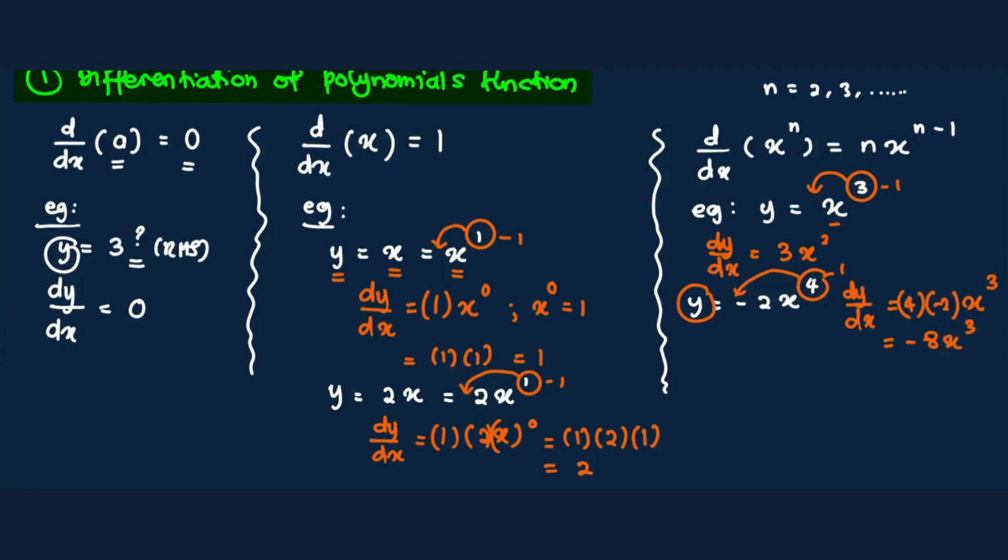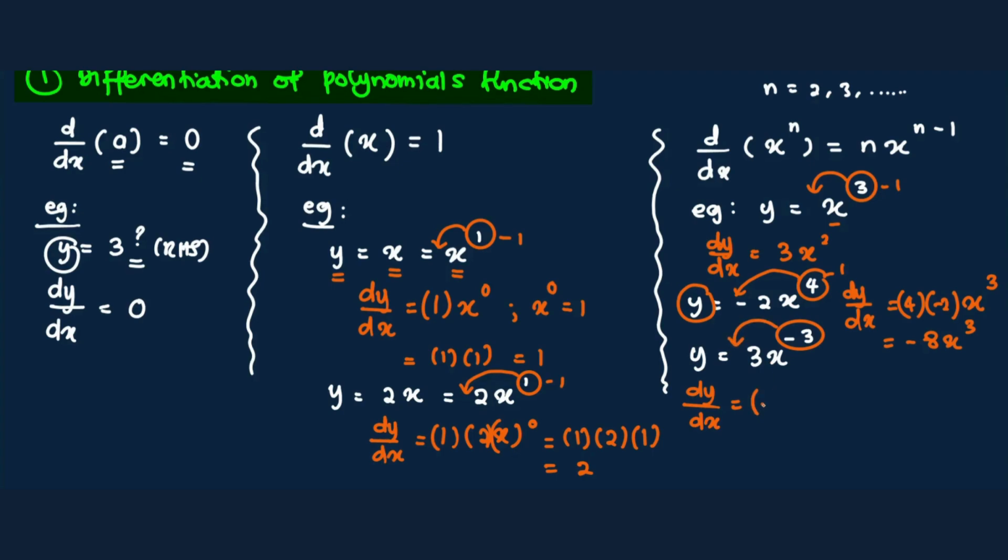Next example, y is equal to 3x to the power of minus 3. Finding the derivative for this function, you will get dy/dx is equal to, always start with the power multiplied to the front here.